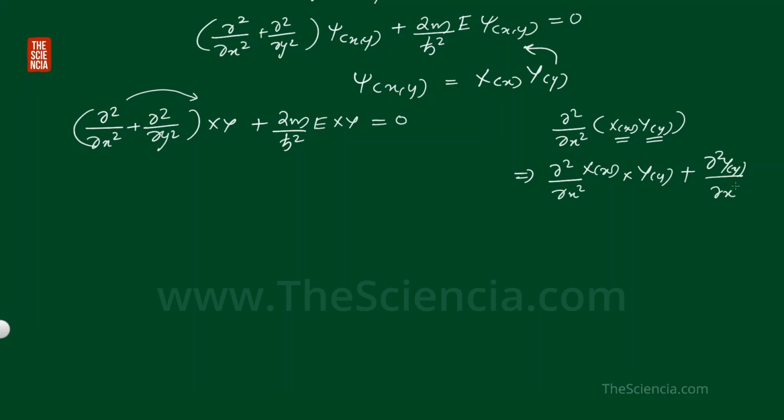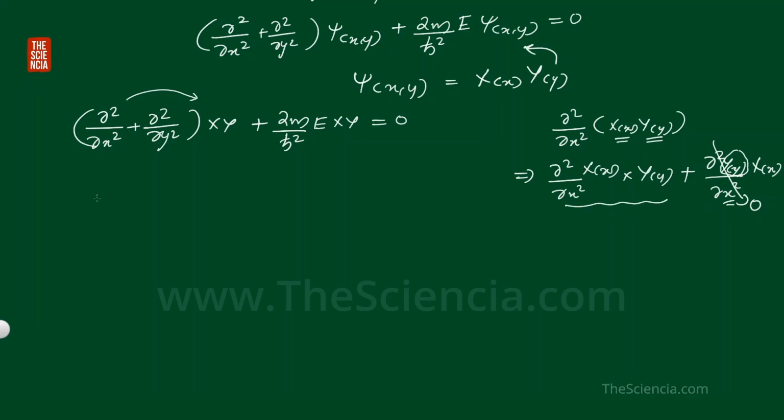See, this function is a function of only y, so if you take the derivative with respect to x, it will be equal to 0. So when we perform this derivative, we will get only the first term.